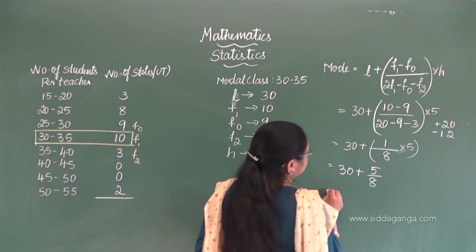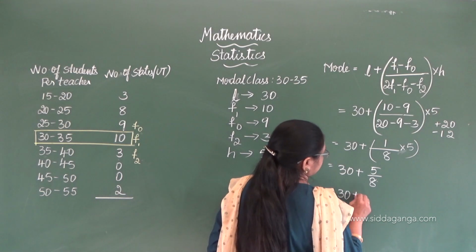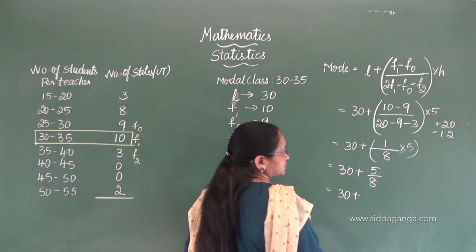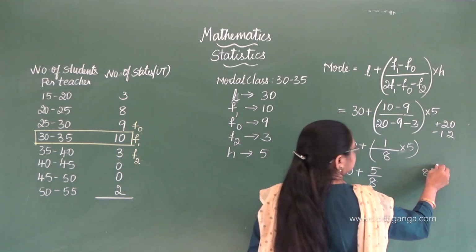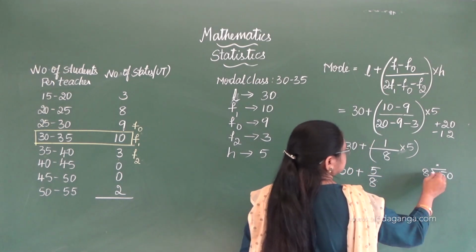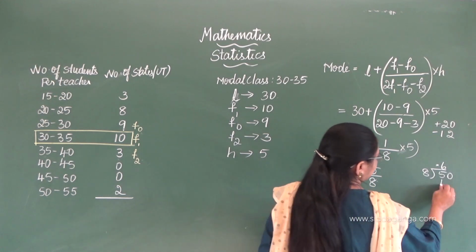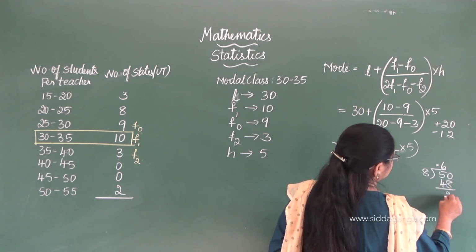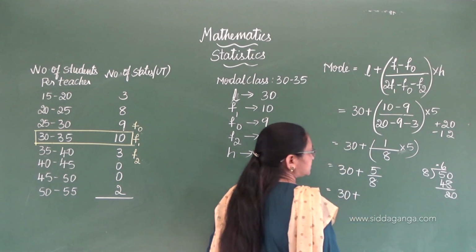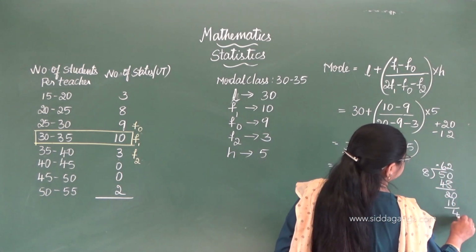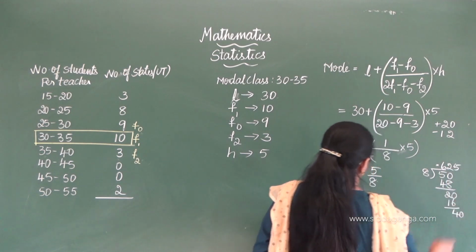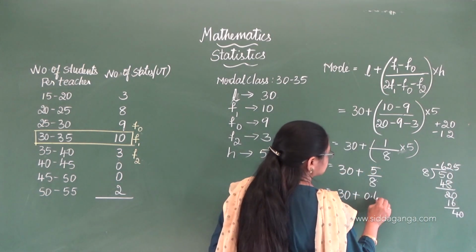Now how will you divide this? 5 divided by 8 is 0.625.